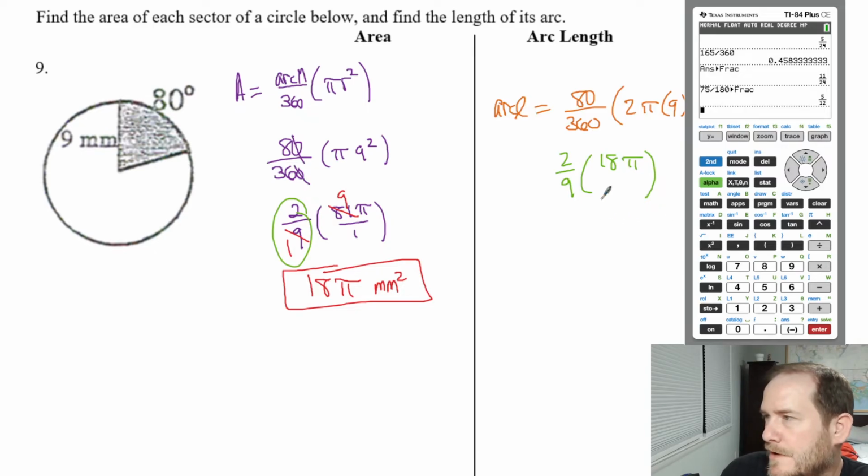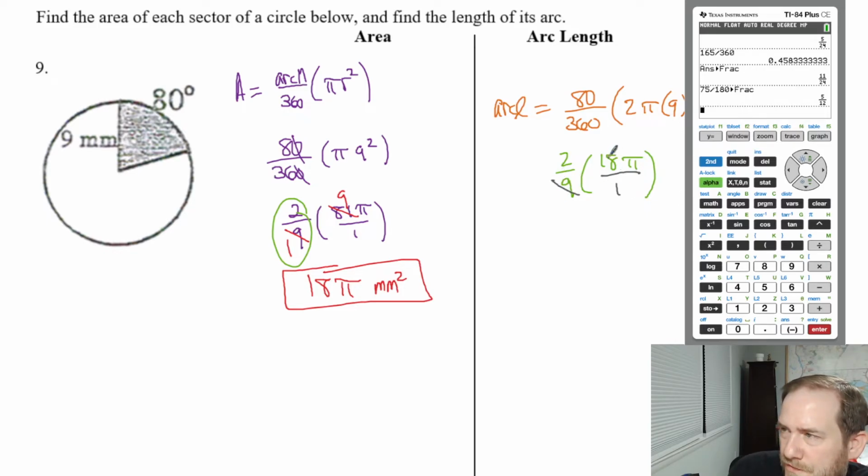Okay, so to finally simplify this, you could multiply first and then divide by 9. I still prefer to cross reduce. So I can factor out 9 again. Factoring out 9 leaves 1, factoring out 9 leaves 2. So we can see this whole problem is just 2 times 2 times pi, which is 4 pi. And this is what? Arc length, so this is millimeters.